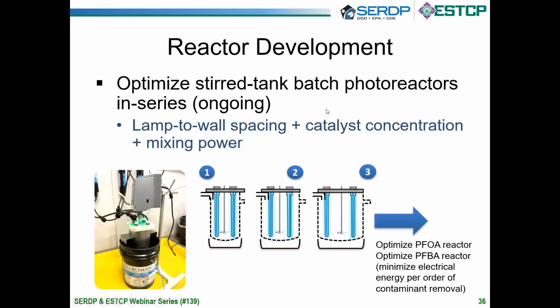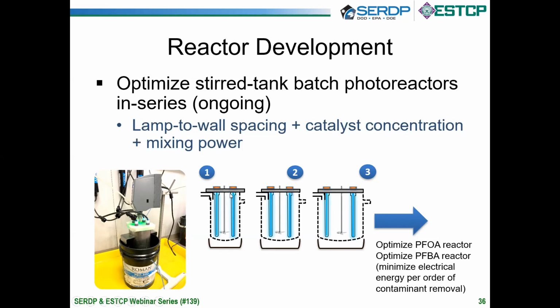So we decided that the annular reactor configuration isn't really the way to go. Instead, we started pursuing these stirred tank batch reactors in series, and this is ongoing work. But the idea here is that we use an impeller for mixing, which allows us to control the mixing rate or the turbulence independently of the flow rate through the reactors, which is important.